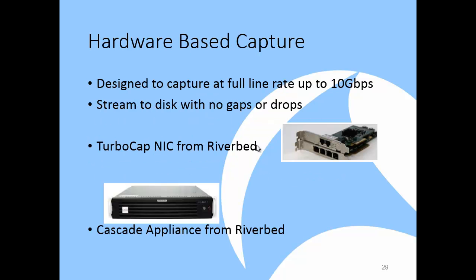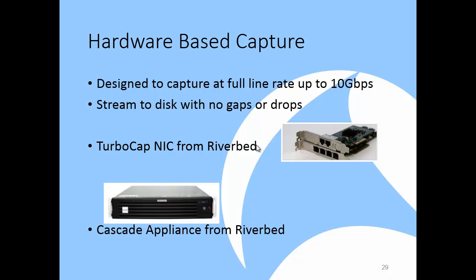Now, how do we get around this as far as an analyzer is concerned? These are boxes that are designed to capture at full line rate up to 10 gigabit per second and beyond. They stream to disk with no gaps or drops. One that we can look at is a TurboCap NIC from Riverbed. This is one that's going to be installed. It's hardware built into that NIC to be able to handle that ingress traffic stream.